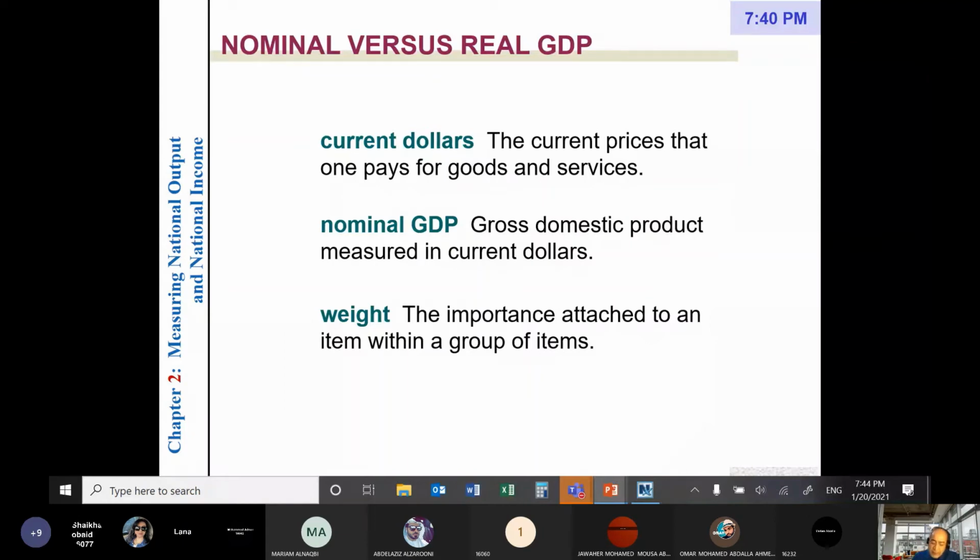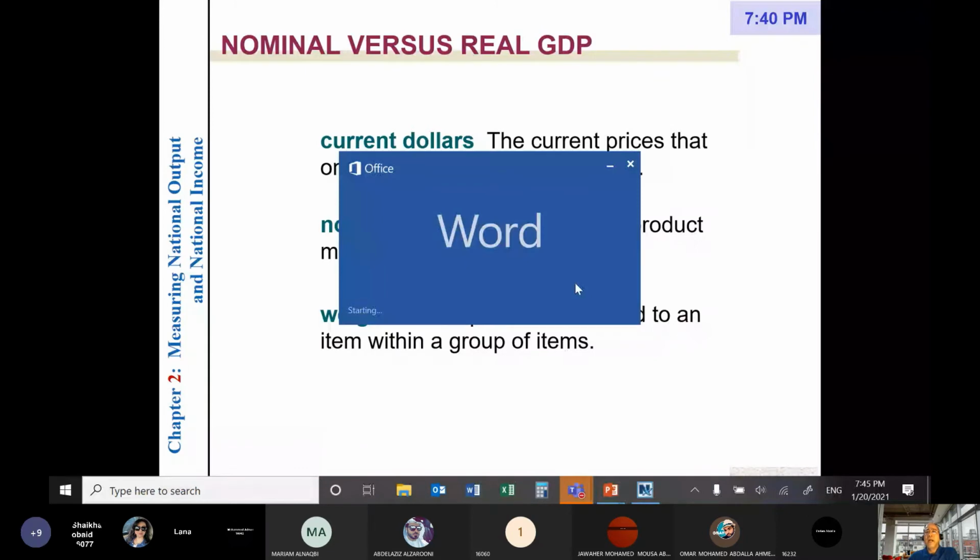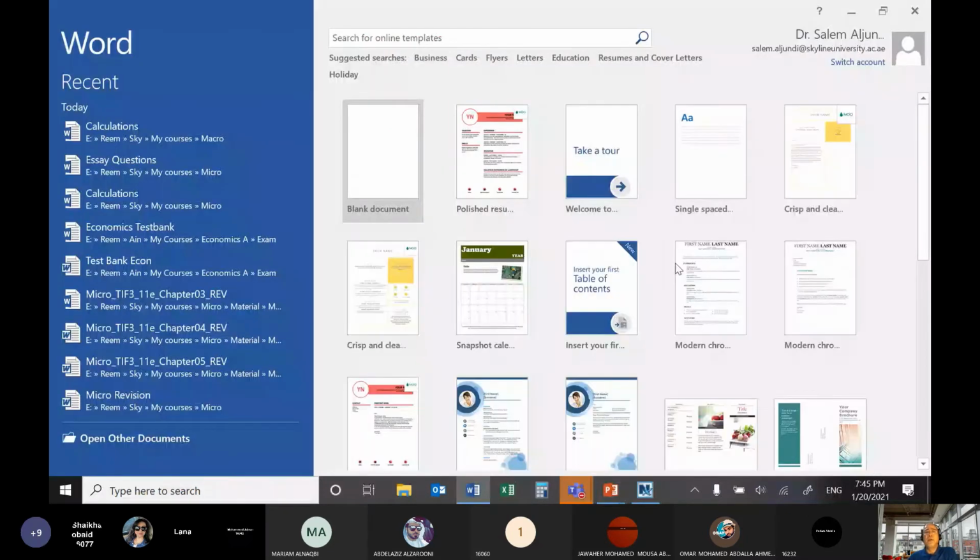Can you tell me what will be the nominal GDP? So again, I don't know whether you can see this. You can see it. Okay.